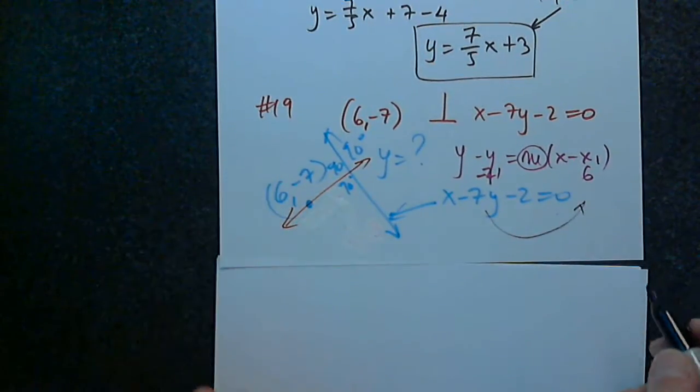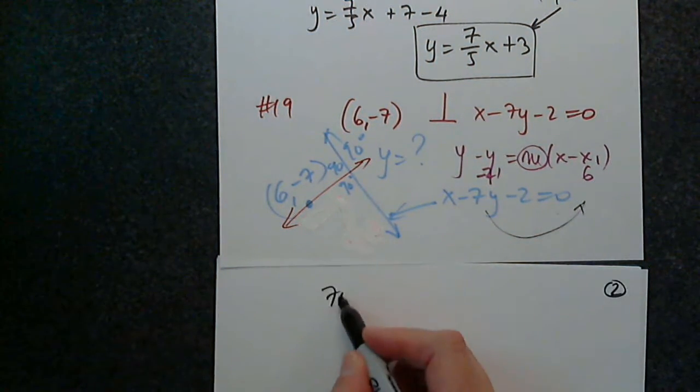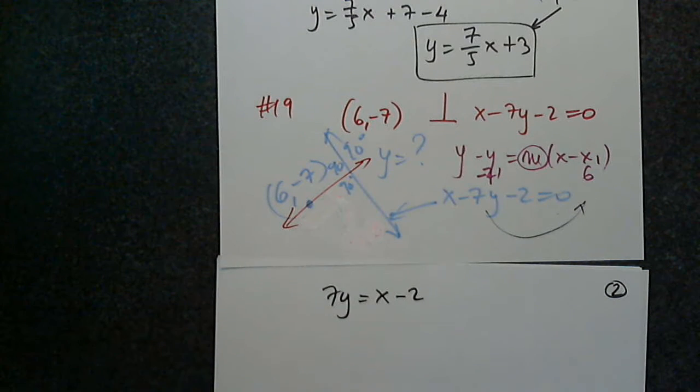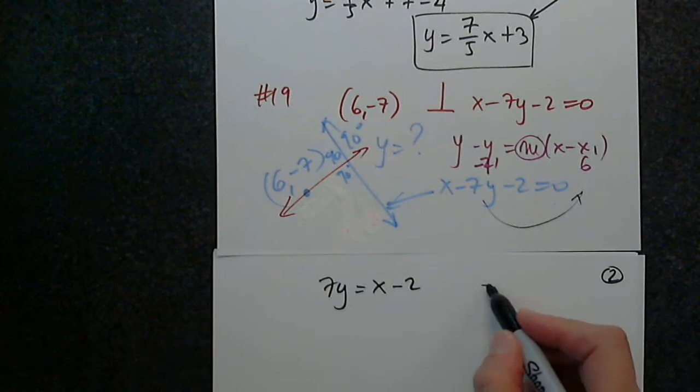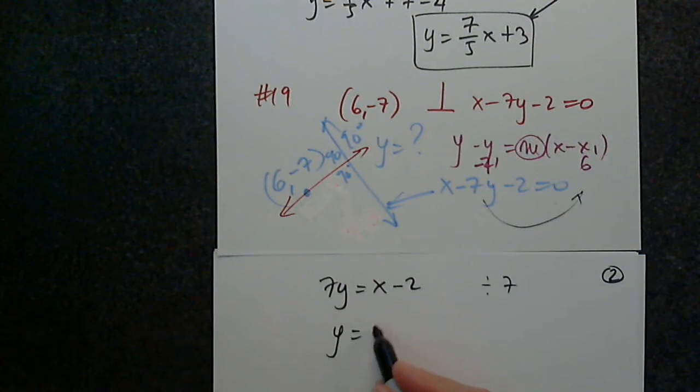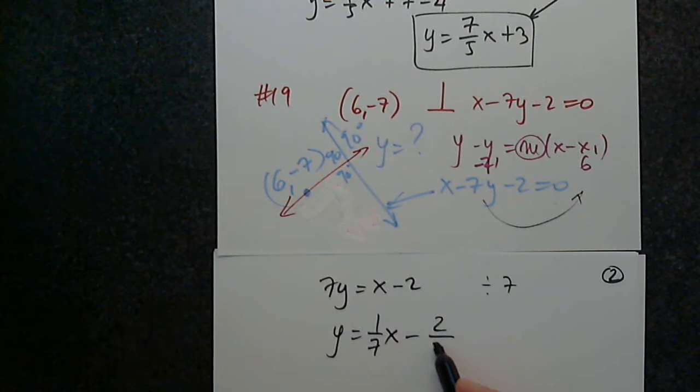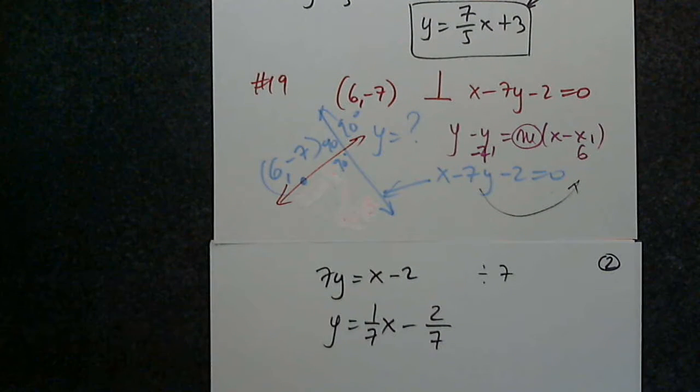I would prefer doing this, but you don't have to stick with my method. The reason is that if I move x and -2, then I have to divide by -7, and it's simply easier to divide by 7. You'll get the same answer. So 1/7 times x minus 2/7. Please do not write a long fraction line with 7 in the denominator, because that will not help you in determining the slope.